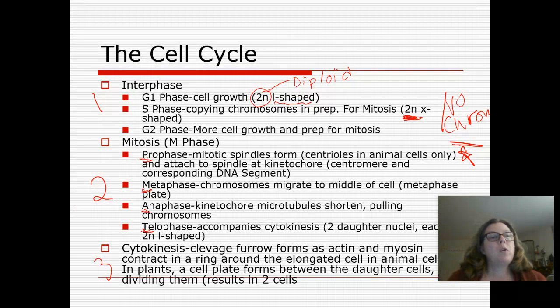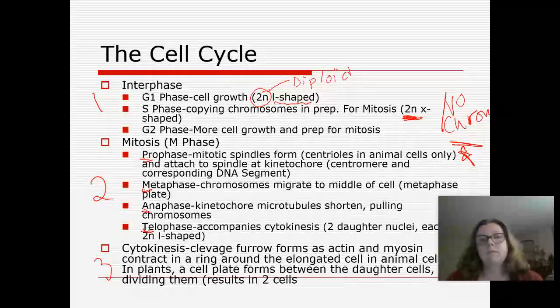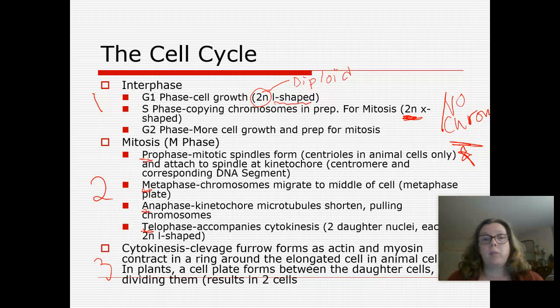Some textbooks will put a step in between the prophase and metaphase and call it prometaphase. Some textbooks will simply call it early prophase and late prophase. It doesn't matter. Remember that these are processes that flow into one another. The chromosomes move.